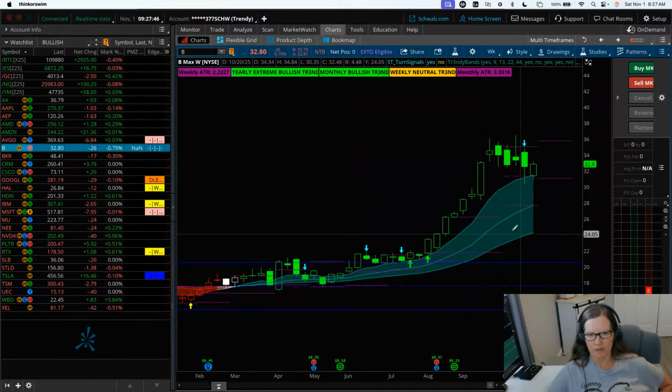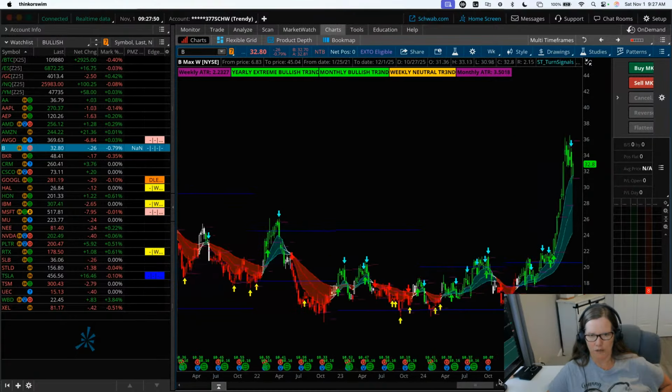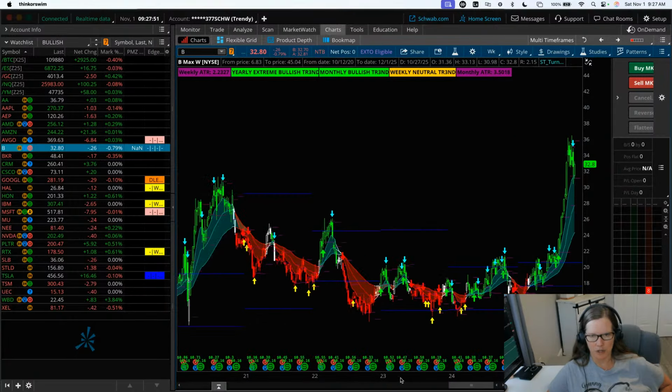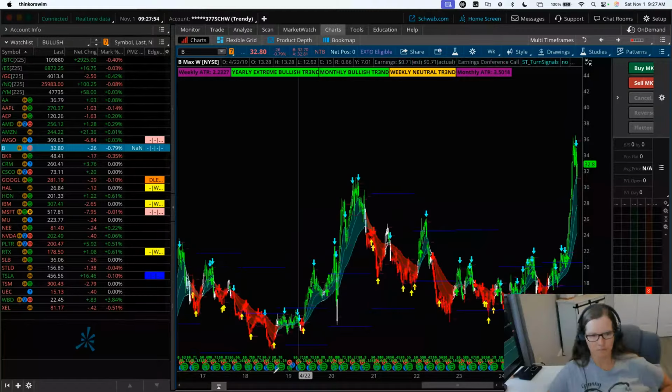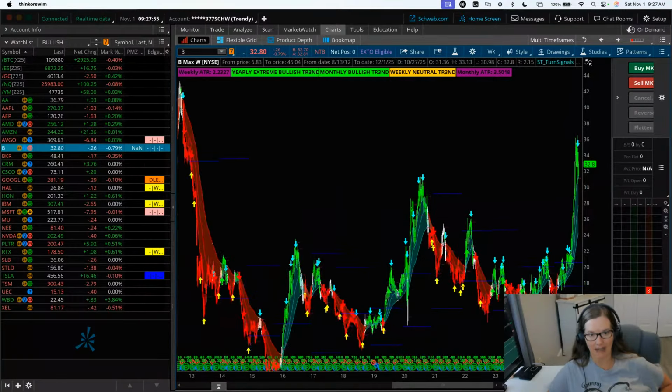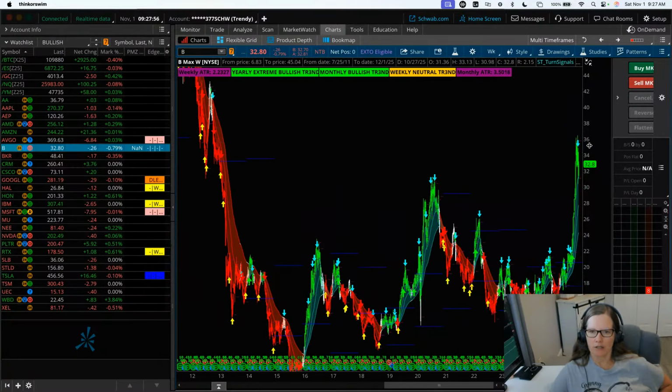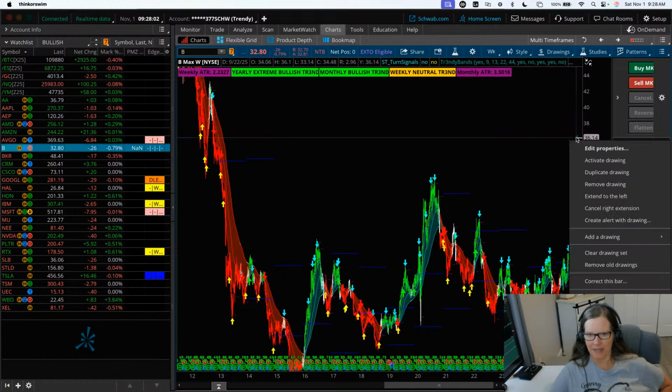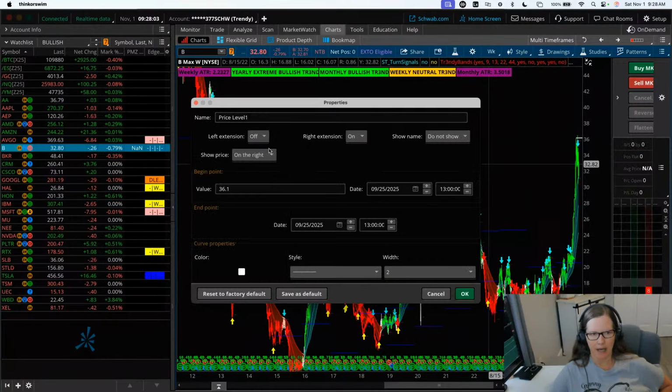Notice that when I look back more than 3 years, there's candlestick structure. I've got to go way back, guys. What I'll do is put a line up here where we peaked, and then I edit it and turn on the left extension.